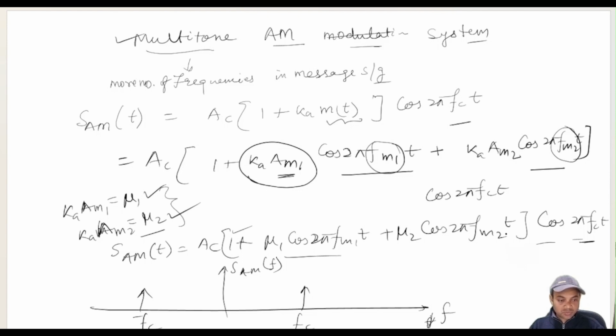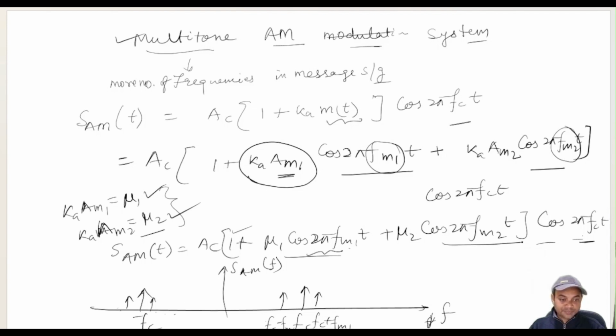The first is cos 2 pi fc t, the second is cos 2 pi fm1 t into cos 2 pi fc t, which will give us fc plus fm1 and fc minus fm1, and there is an image on the left-hand side, minus fc minus fm1 and minus fc plus fm1.